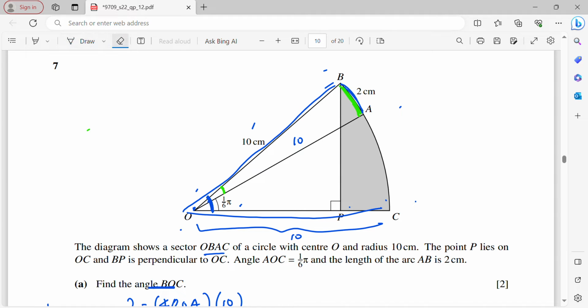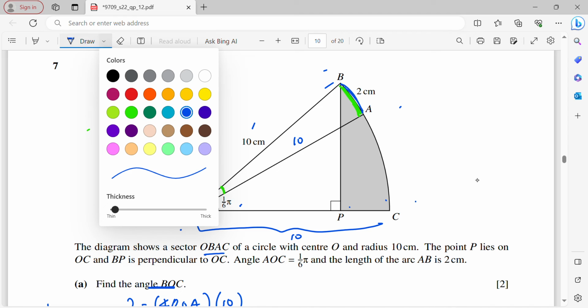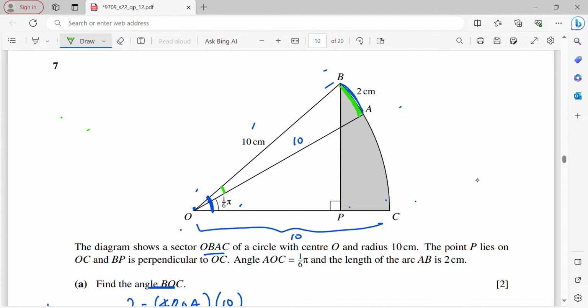Look at here. You have two methods to find the area of a triangle. Either you know this A, this B, which means this is OP, this is BP. If you know the length of OP and BP, then you can just use half OP BP. But unfortunately, these two are not known.